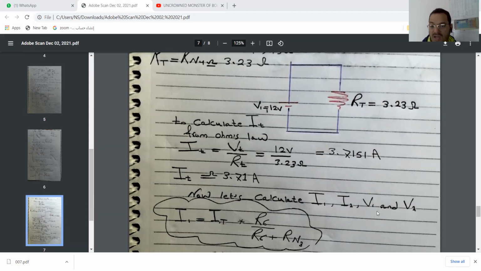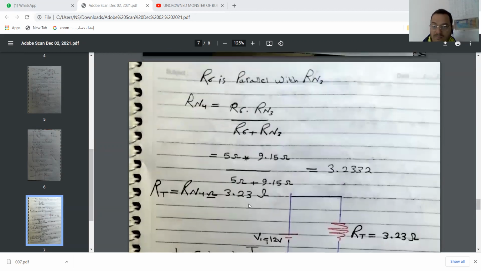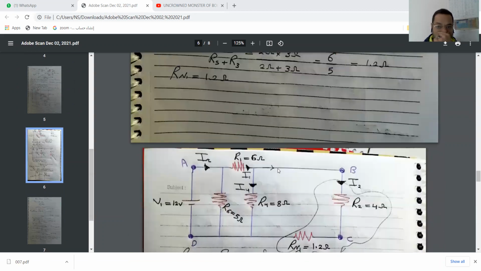Now let's calculate I1, I2, V1, and V2. I1 equal I total. Let's come back to the first circuit.